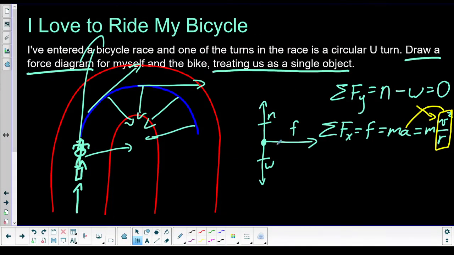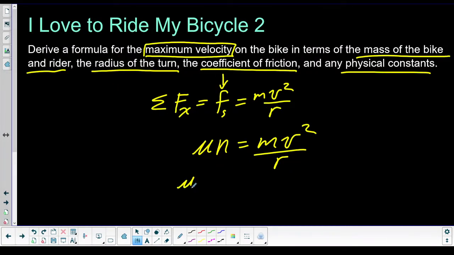So if we go back here, we can see our normal force is equal to the weight. You're going to say, Mr. Barton, it doesn't say weight either. But weight is mass times gravity. So we're going to substitute our normal force out for mg. So we're going to have mu static times mg equals mv squared over r.